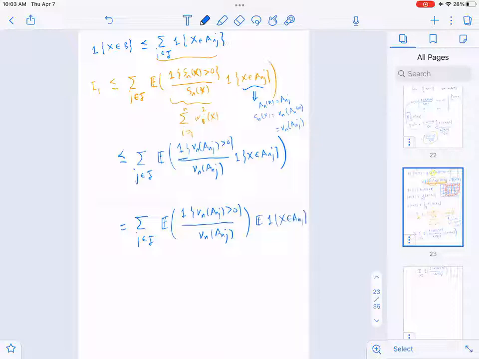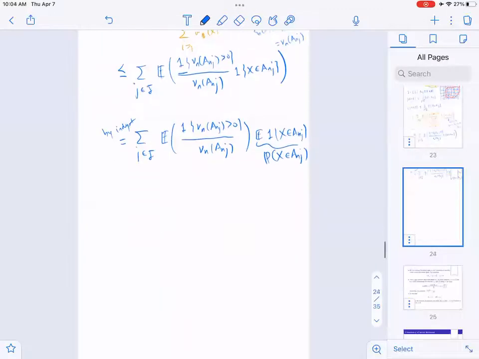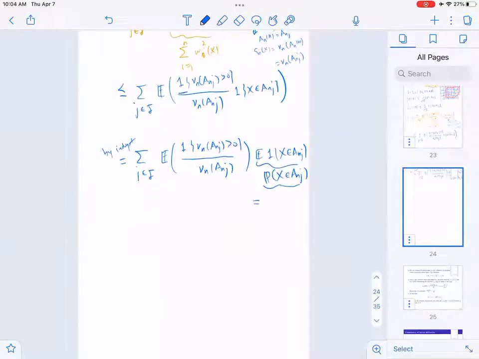This is by independence of training and test. So this would be the probability that x is in A_j. And I forgot if I introduced the notation, but the distribution of x we represent as mu. So this is nothing but, by definition, just mu(A_j).